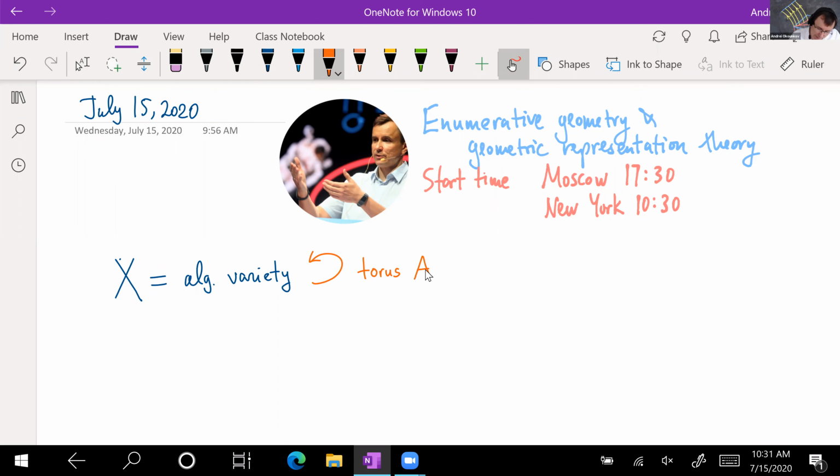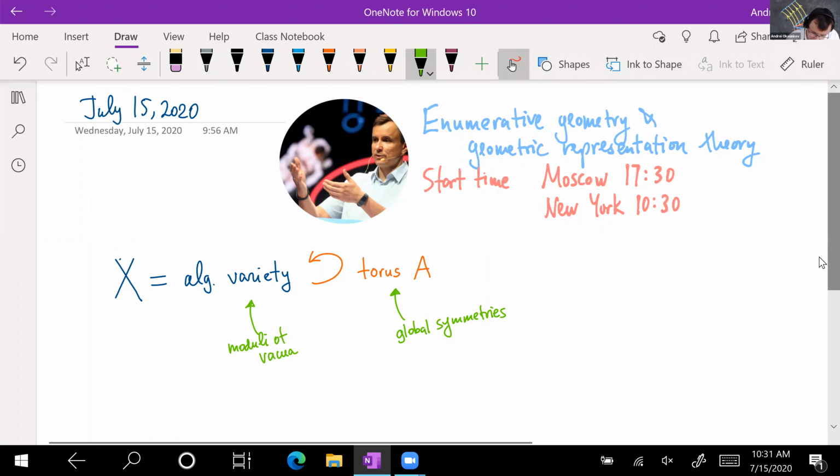And the way we were thinking about this algebraic variety, it was some moduli space, and these were global symmetries, which we could use to introduce an external field. But if you remember this motivation, that's fine. If you don't remember it, it's also fine.